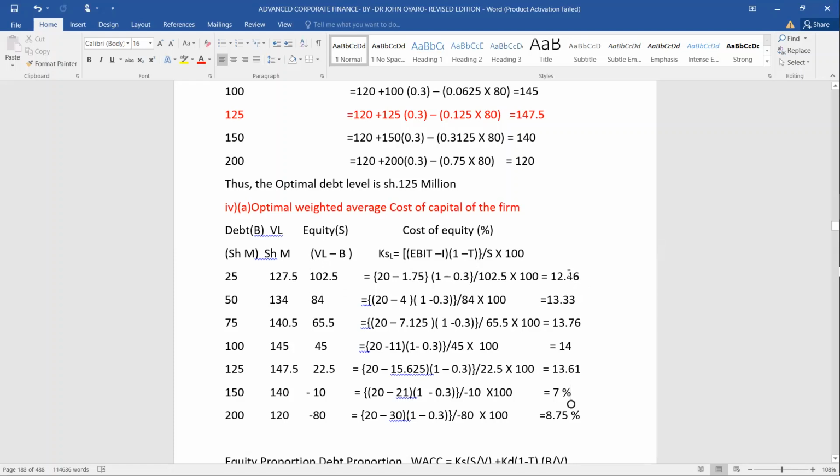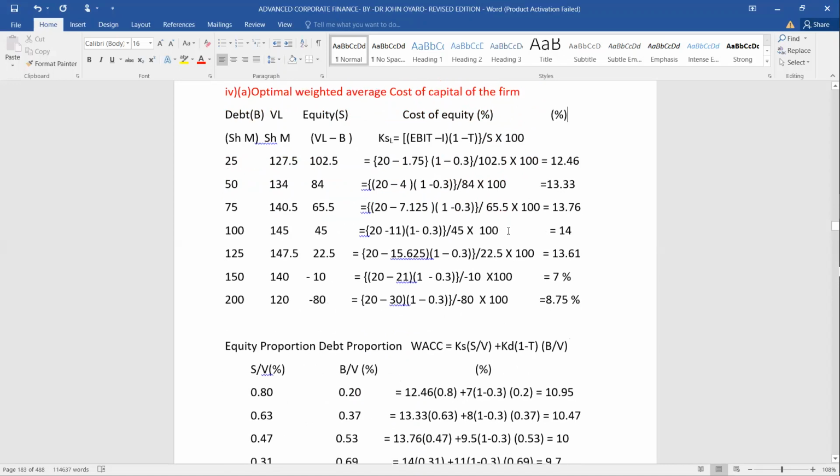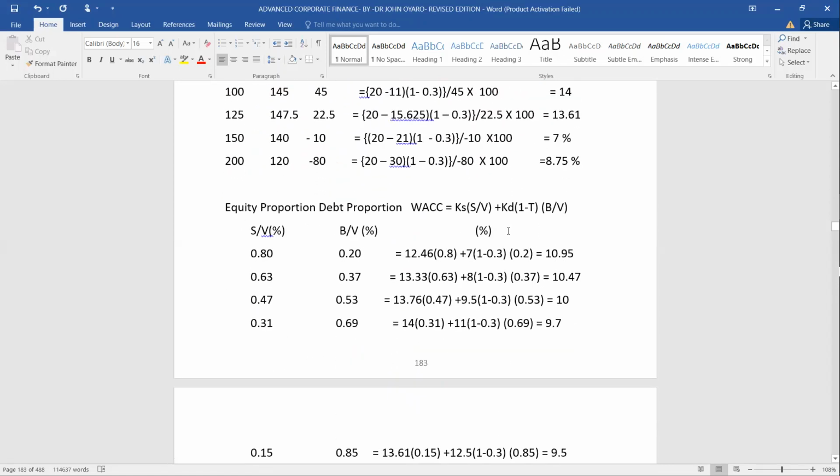You find the cost of equity of 12.46. Yes, 12.46. That is the cost of equity. Okay, let us continue to the end first on that. Is it possible to find the weighted average cost of capital of a levered firm at that level of debt? I think we should.